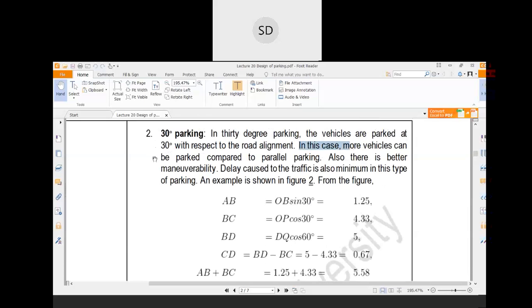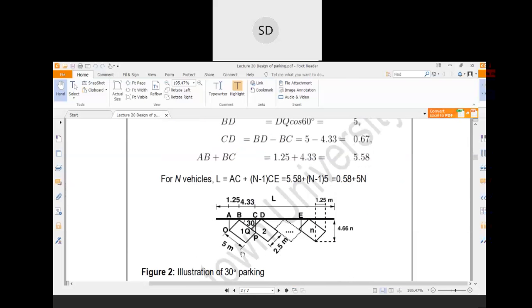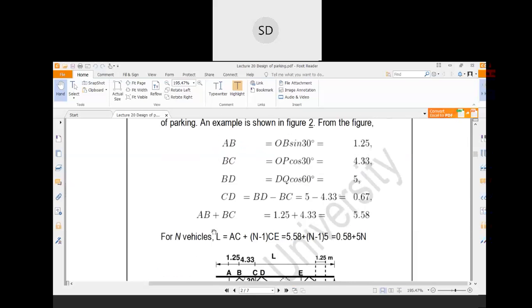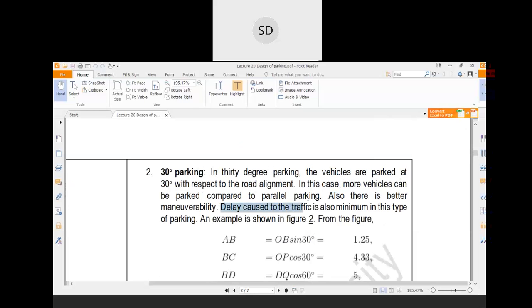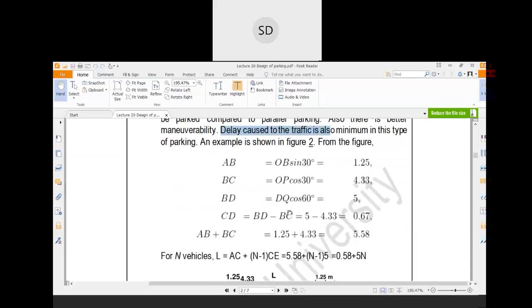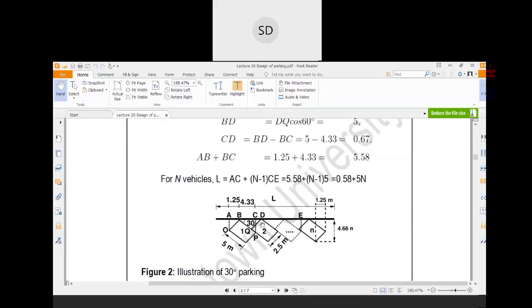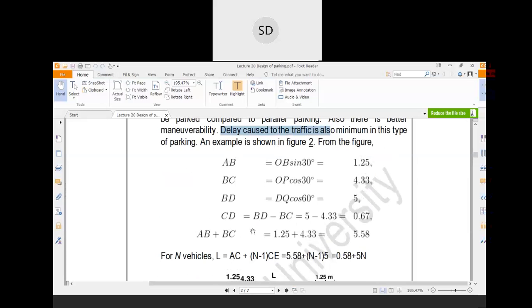In this case, more vehicles can be parked compared to parallel parking, and there is also better maneuverability because it differs only slightly from parallel parking. The delay cost to the traffic is also minimum in this type of parking. So, this is 30-degree parking. And this formula is for the space required for 30-degree parking. This is not required for you.